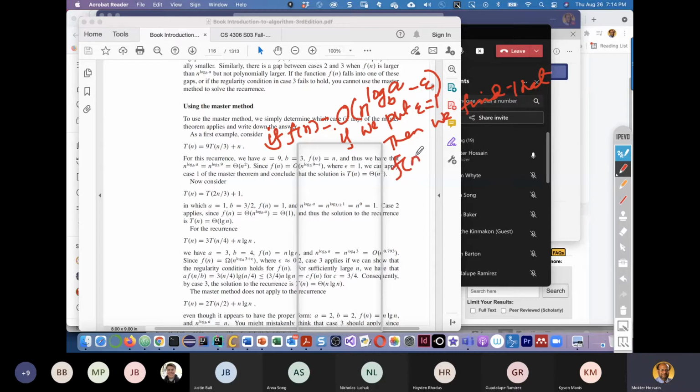Fn is n, equal to big O of n. Here B equals 2, so let me write it down again: log 9 with base 3 minus 1.